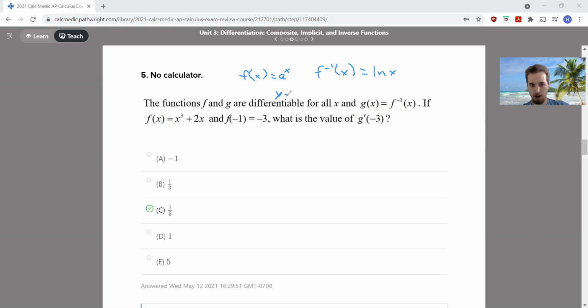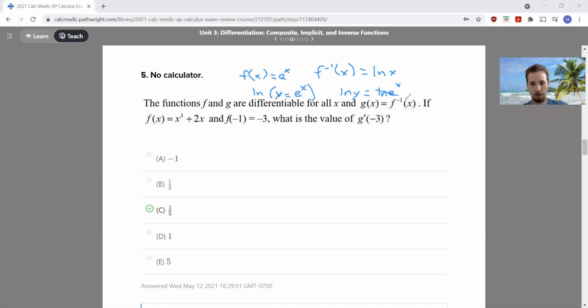We just took y equals e to the x, and we wanted to find the inverse, well, we just have to solve for x. And to get rid of an e, we have to ln both sides. And so we get ln of y equals ln of e to the x.